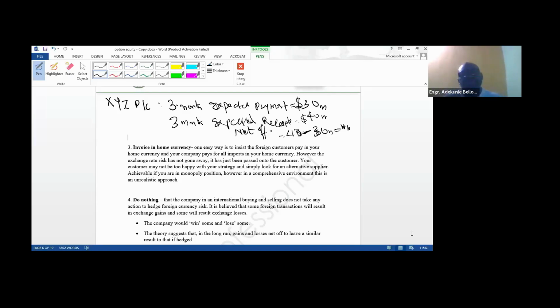For example, our company exported goods to the US. If you are sending your invoice to your customer in the US, you are going to quote your selling price in Naira value.